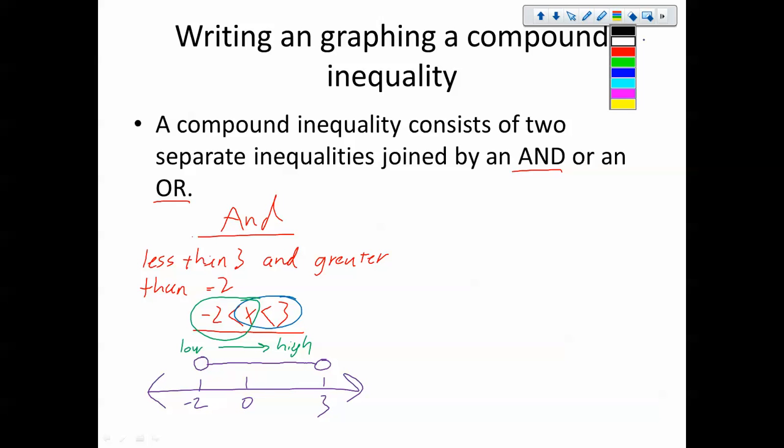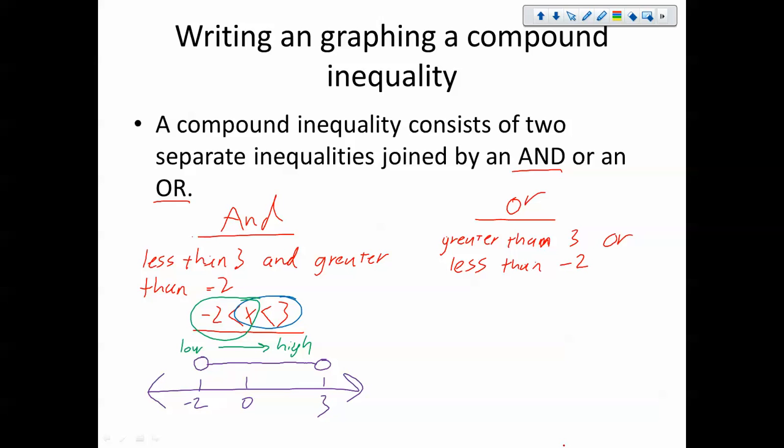Now, an or statement, on the other hand, will use the word or. So we could say x is greater than 3. Notice I'm using greater than instead of less than. Or x is less than -2. And notice that this is, again, two different inequalities.